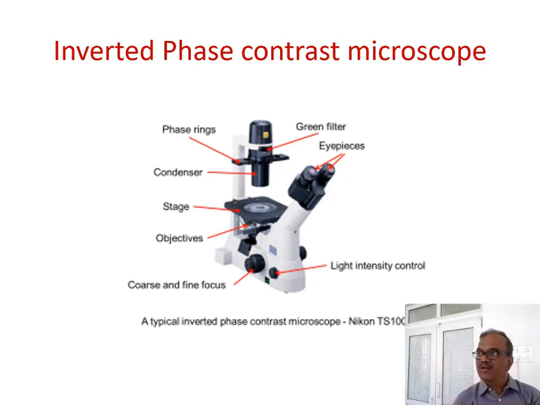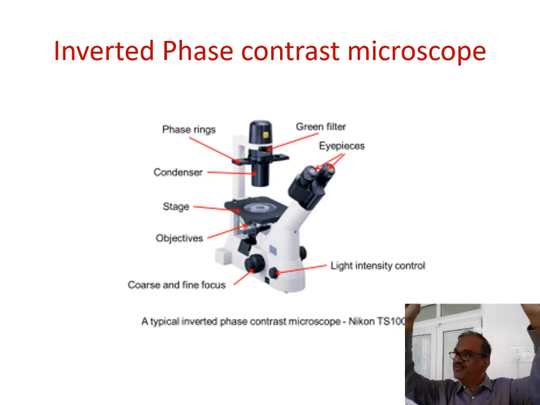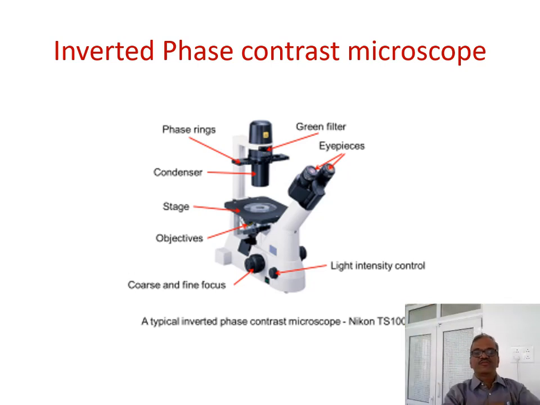The eyepiece is below the stage, isn't it? Generally, we see the eyepiece above the stage. This is like the dissection microscope, for easily keeping the specimen, and the condenser, phase ring, everything would be below, but here it is above.